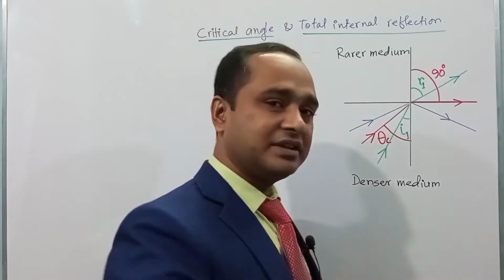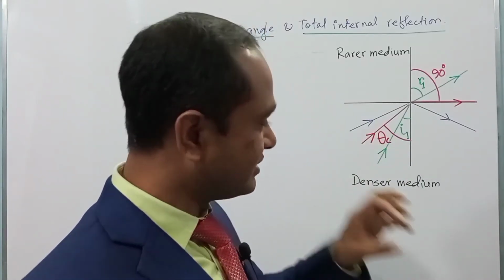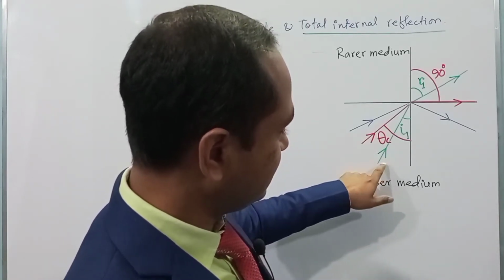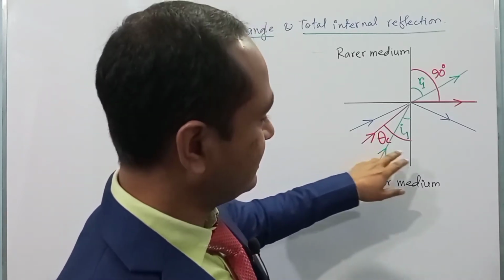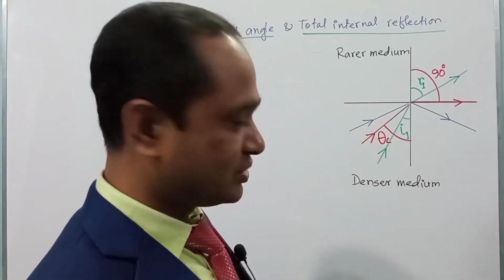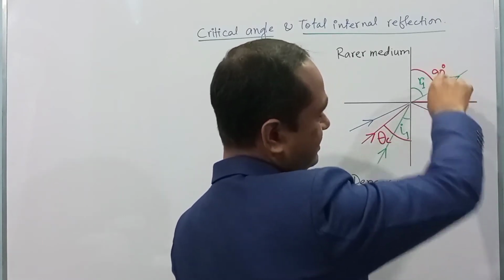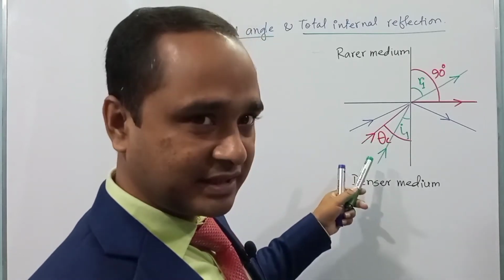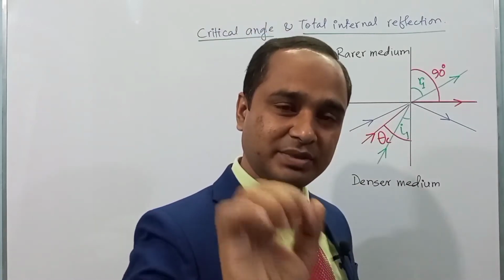Dear student, if you increase the incident angle in the denser medium, for a certain value of the incident angle, denoted by the red light, the incident angle moves away from the normal from the green position to the red position, that is, the angle of incidence increases from i1 to theta c. In that case, the refracted angle will also increase, and for a certain value of the incident angle, denoted by theta c, the angle of refraction in the rarer medium will be 90 degrees.